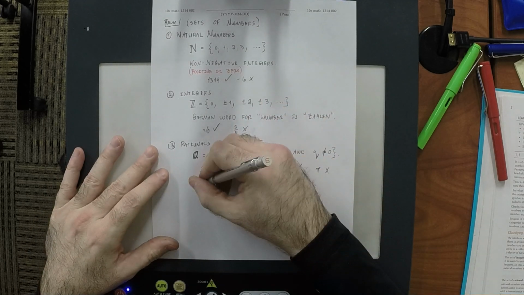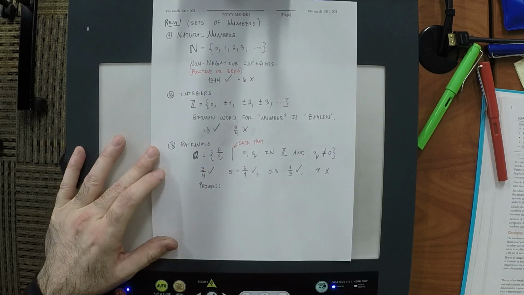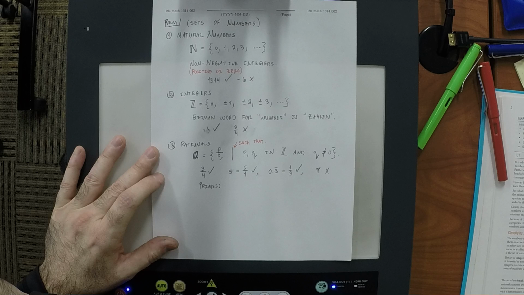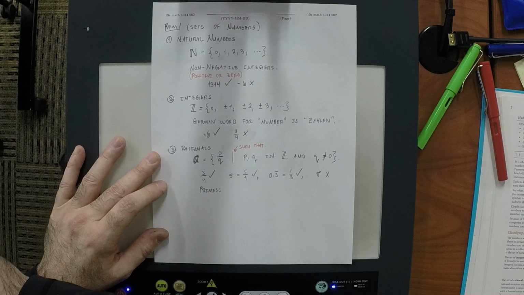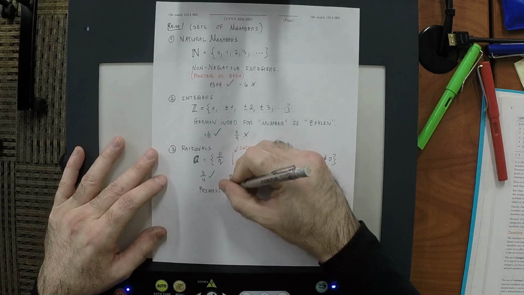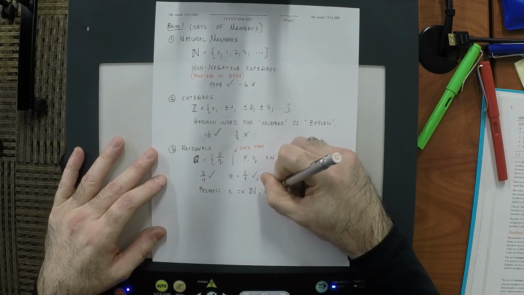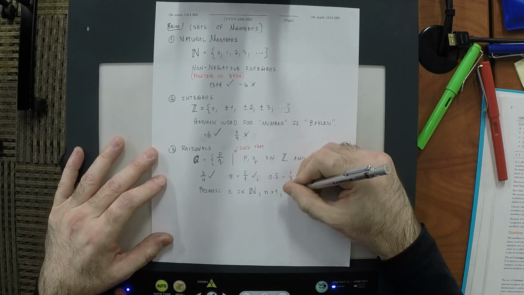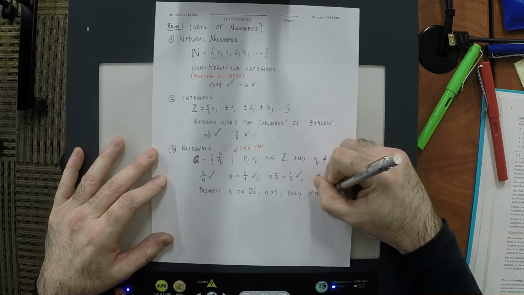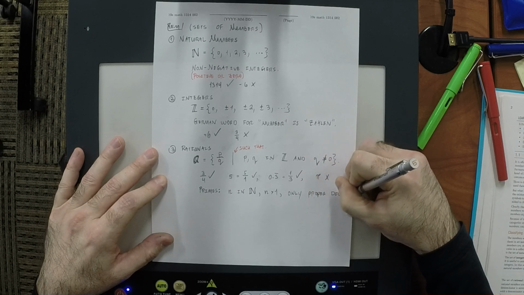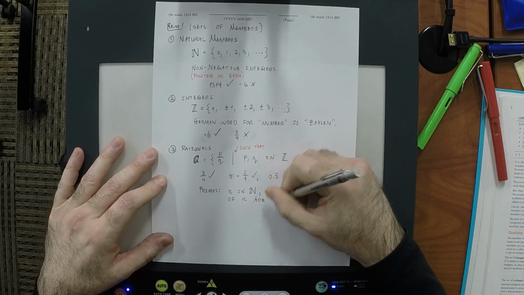So as a little reminder, the primes are the natural numbers whose divisors are only 1 and itself. So these are little n in the naturals, n has to be more than 1, and the only proper divisors of n are 1 and n.